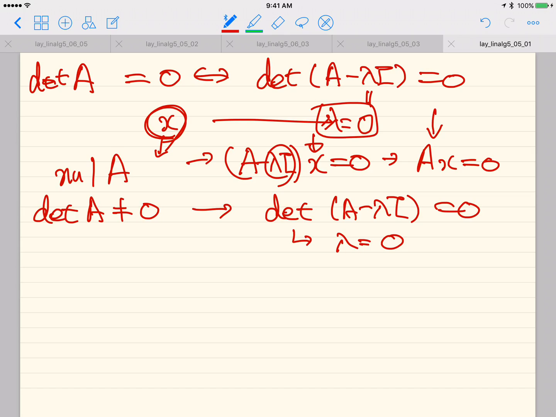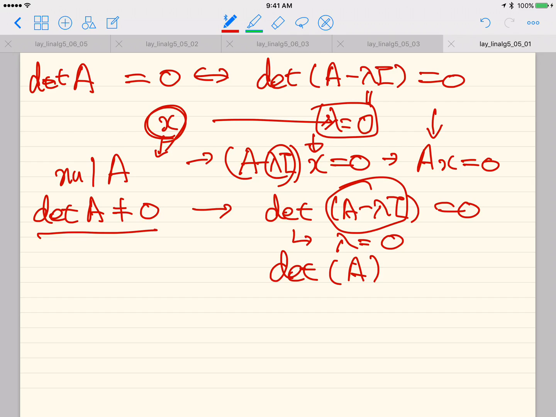My point here is, on the contrary to the previous case, if your matrix A is an invertible matrix, and then subtracting 0 times the identity matrix, your matrix A minus lambda I will never be singular. Because in that case it will be the same as A, right? And then it's already saying it's not zero.